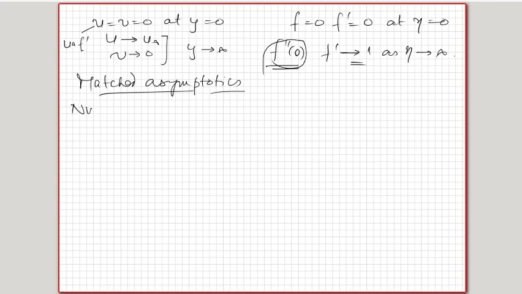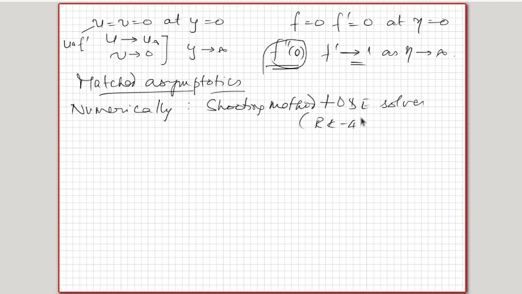Numerically, you use a shooting method plus any ODE solver, such as, let's say, the RK4 method, Runge-Kutta for a fourth order, or any other method which will be used for going from eta equal to 0 to eta tends to infinity.